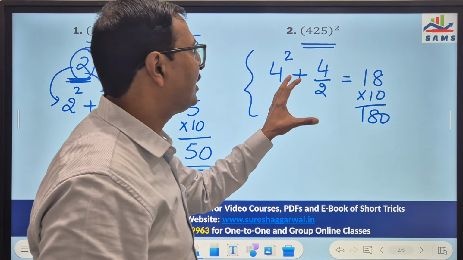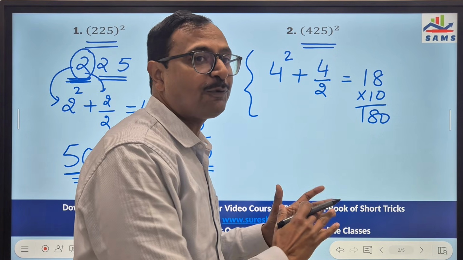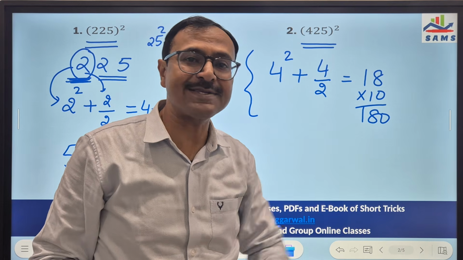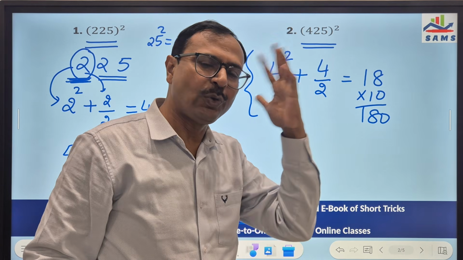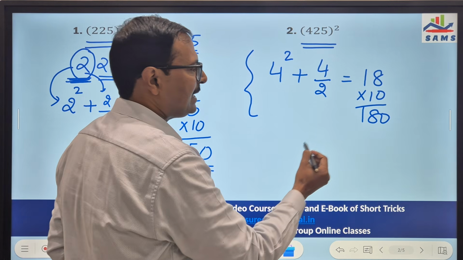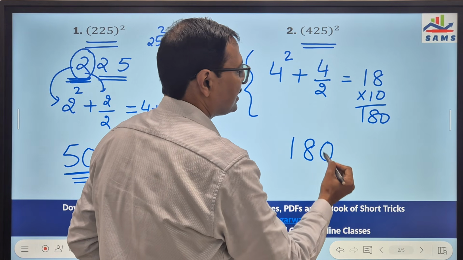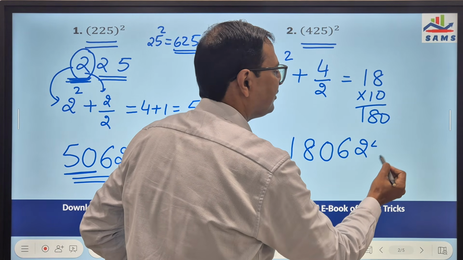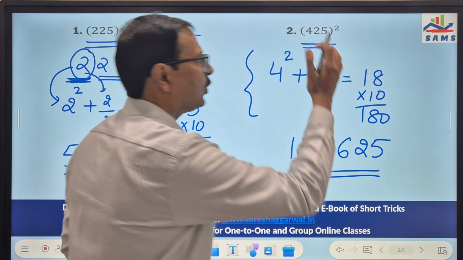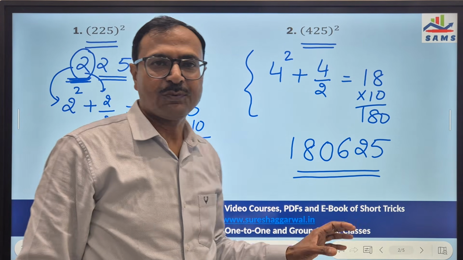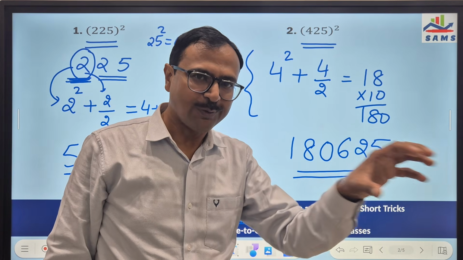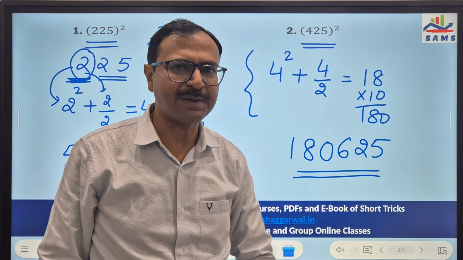I am writing it here to tell you the method so that you have it for your ready reference. But when you start practicing, don't write all the steps. Do it mentally. So you get 180, and then the suffix is 625, and now pick up the calculators. 425 square. Is it 180625? And you will be really surprised.